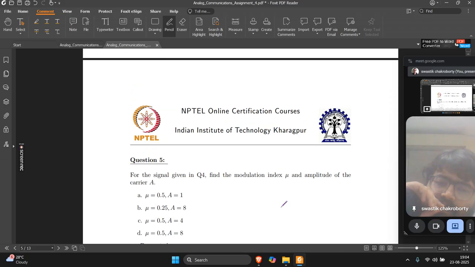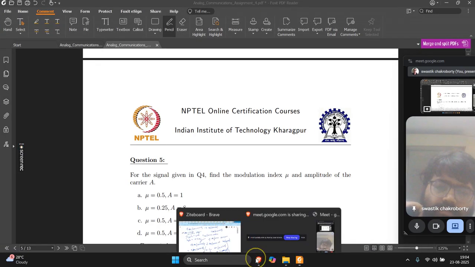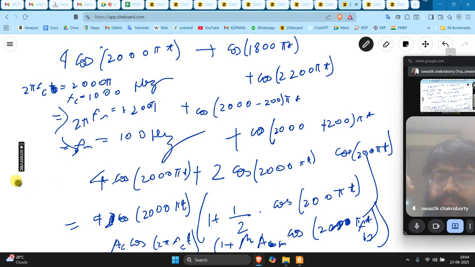Now for the signal given in Q4, find the modulation index and amplitude of the carrier. Now what is the modulation index and carrier amplitude?